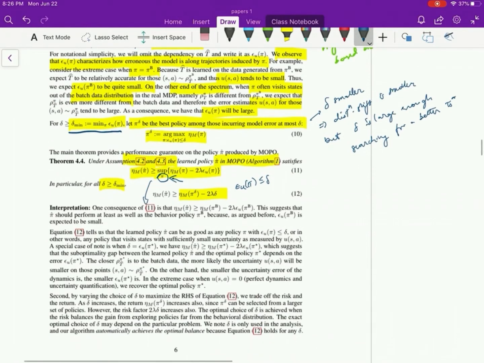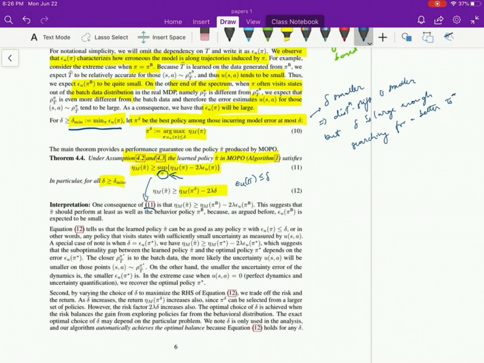Yeah, the interpretation says here, from 11, since pi b is in the search policy, we can conclude this one. So this suggests that pi hat should perform at least as well as the behavioral policy. Yeah, this seems to be a good interpretation.